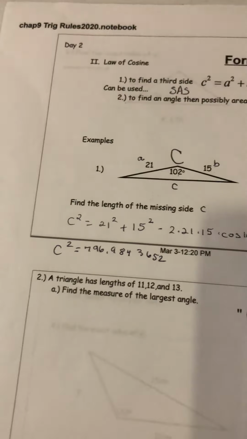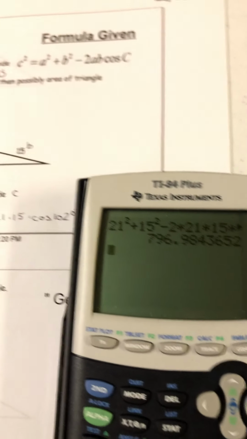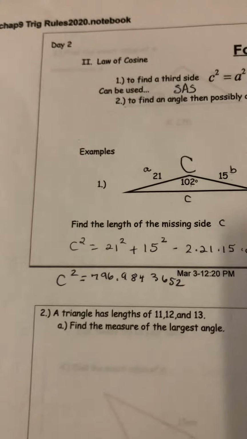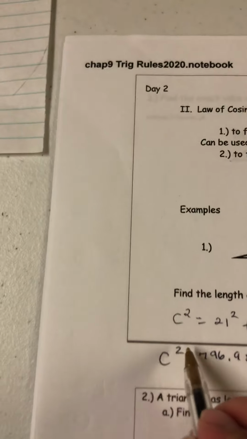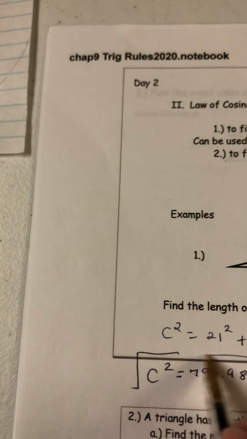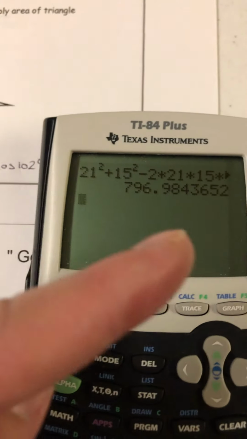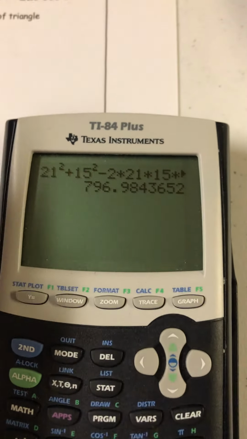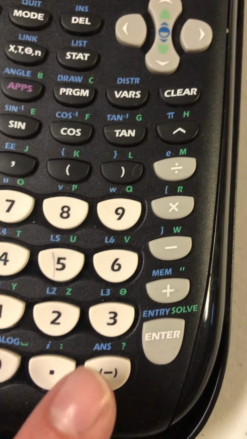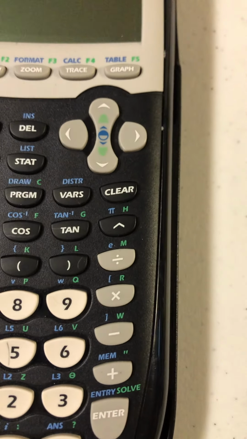I want side C, not c squared. So, like the Pythagorean theorem, how do you finish off here? You got it. Take the square root of both sides. There are a couple things you can do here. This is the last answer that's been solved and stored in the answer feature. ANS is a button that's shared with a negative sign. So if you press second, that negative sign, there you go.